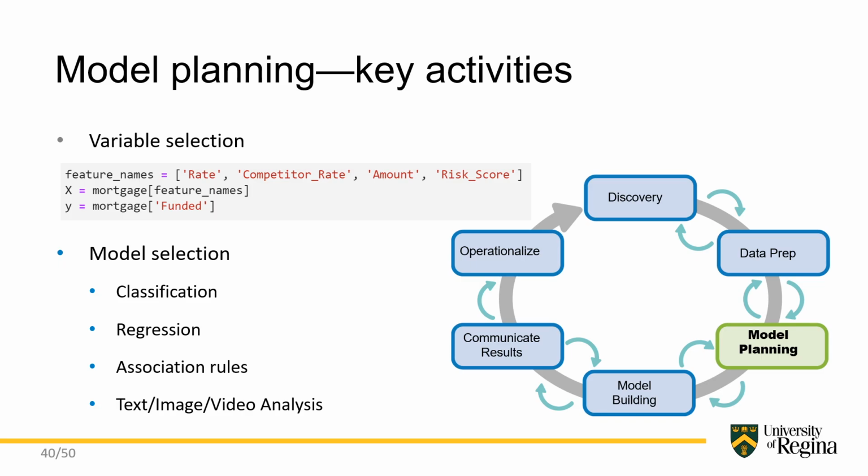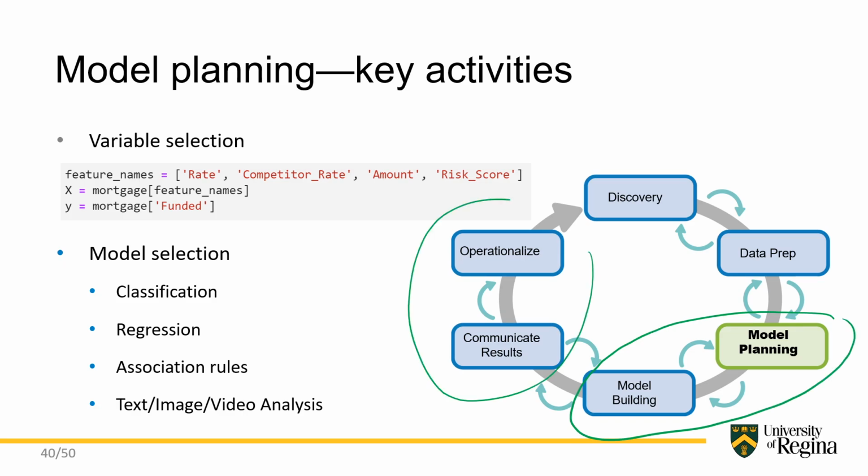The next parts of the data science lifecycle, the 2, 3, 4 ones, are model planning and model building. These two parts are very close. In model planning, you need to take a look at your data and decide which variables, which attributes, you want to use in order to build your model.